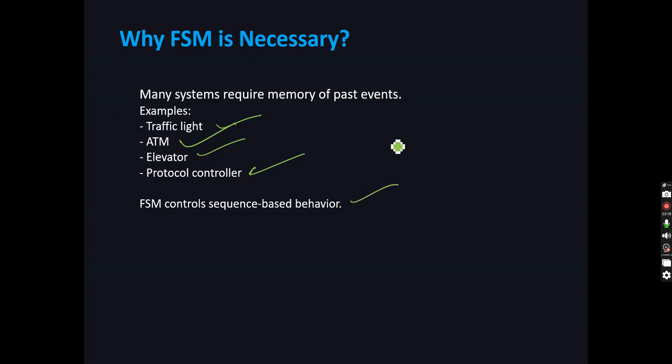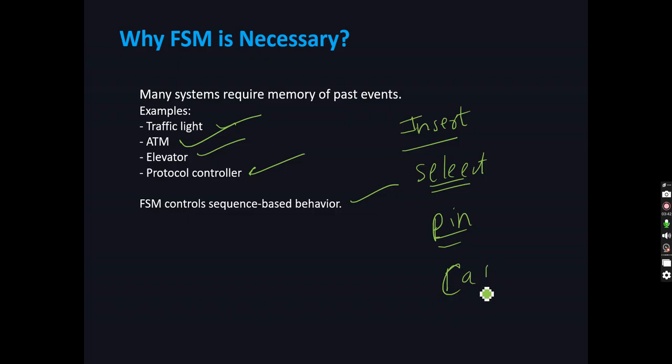Let's go through the ATM. In an ATM there is a sequence, right? First of all, you have to insert your ATM card. Then you have to select the options, whatever banking service you want. Then you have to enter the PIN, and then you will get the cash or whatever output you want.